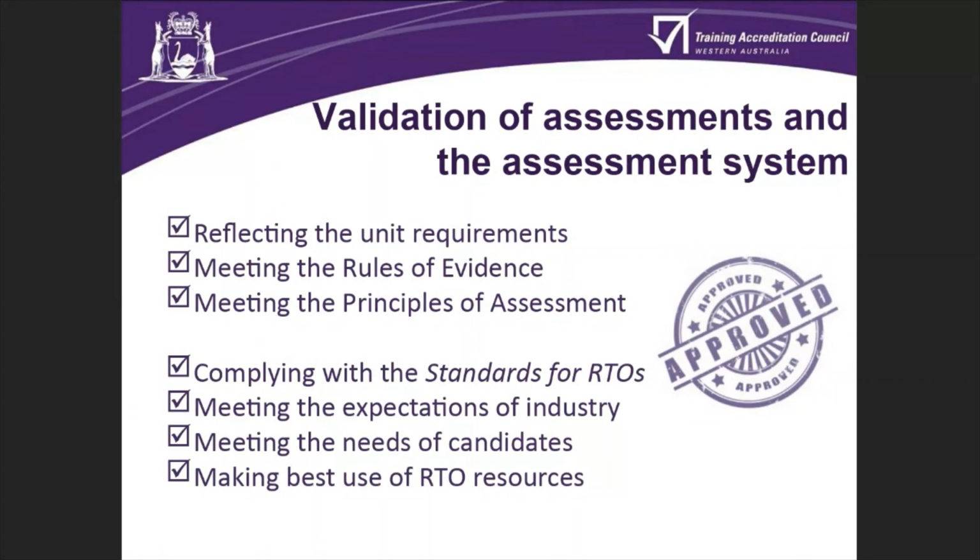And then, of course, you need to make sure that your assessment system and your assessment processes enable you to meet and learn about and respond to the expectations of industry. Now, industry does speak to you through the unit of competency, but the unit of competency is a kind of generic thing. You need to ask yourself the question, what is industry requiring of us now? What are the prospective workplaces that our graduates are going to go to?